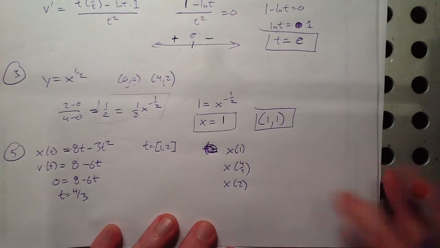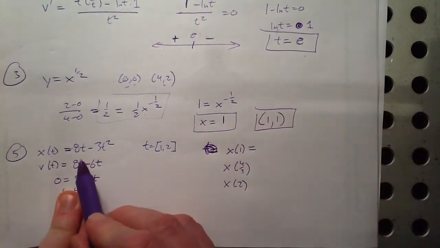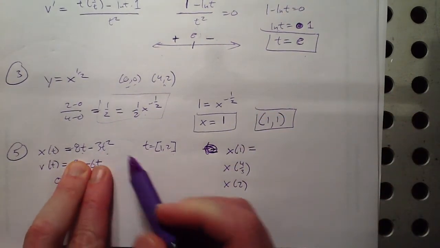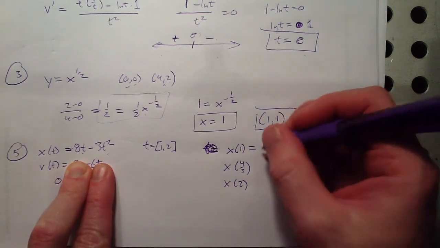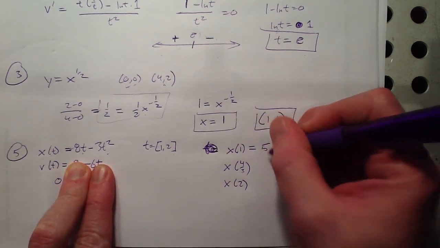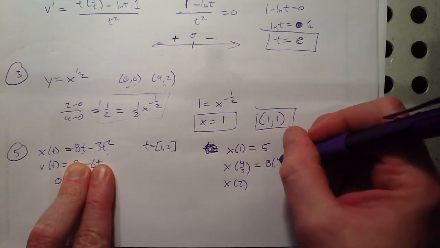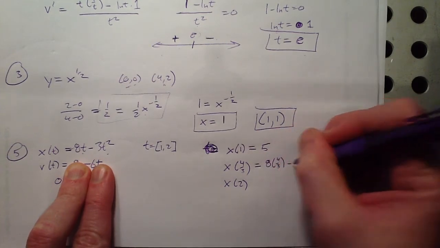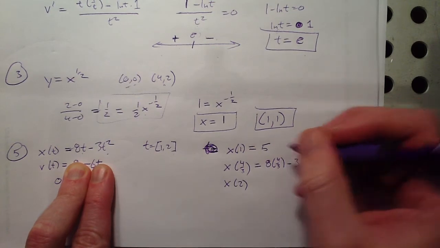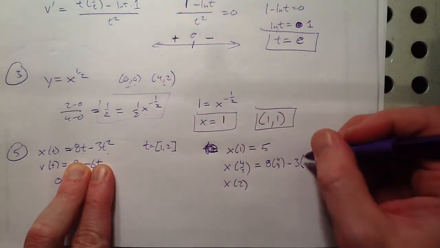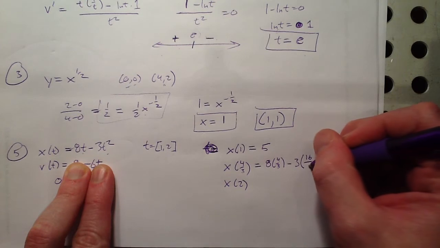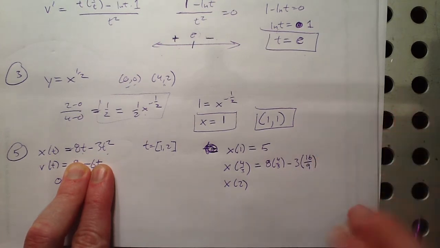So let's do that. The position at 1, when I plug 1 in here, is 8 minus 3, or 5. Position at 4/3, let's see, that would be 8 times 4/3 minus 3 times 4/3 squared, which is 16/9.